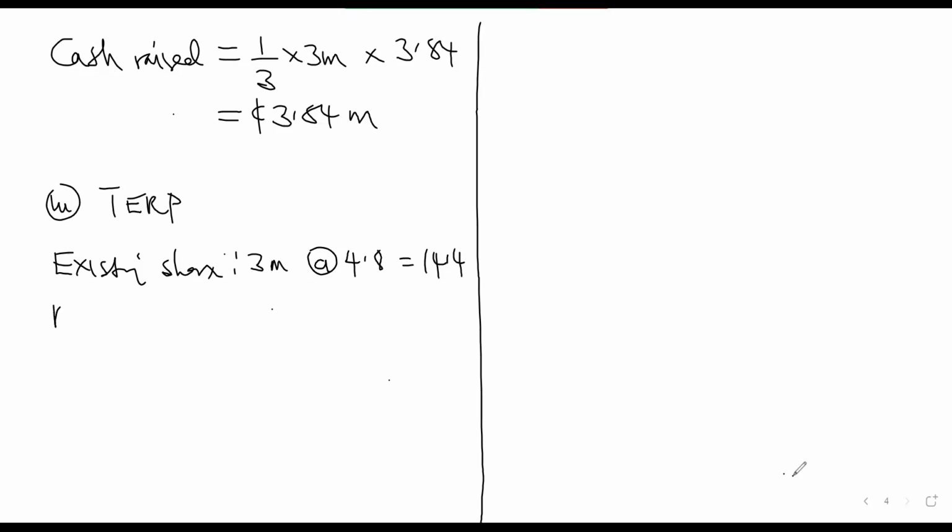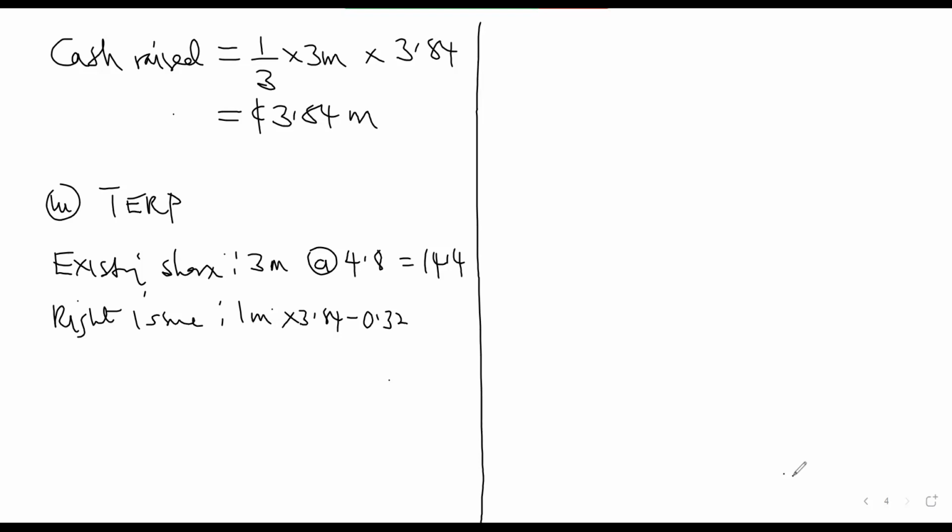Okay, let's look at the right issue. What will be the amount that we'll be raising from the right issue? The right issue will be 1 million times 3.84, then you subtract 0.32 from it. The issue cost will be taken from the money that we are raising from the right issue.